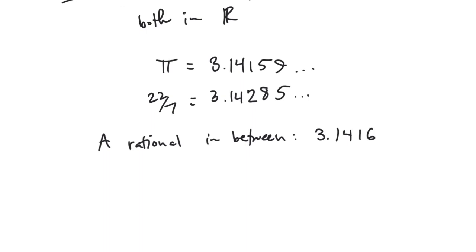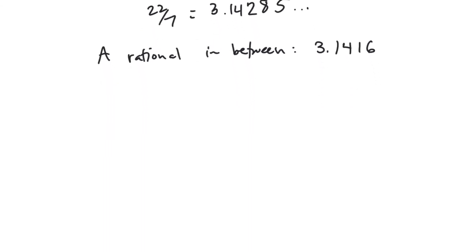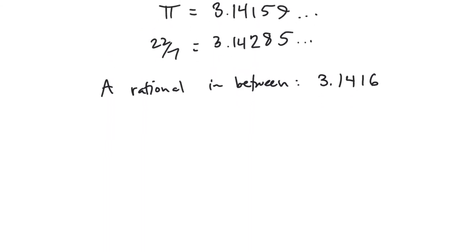You just look at the decimals and choose something in between. The density theorem says it is always possible to choose something in between. I would like to think about how we can do this. Could we do it without knowing the decimal expansions, without looking at your calculator?